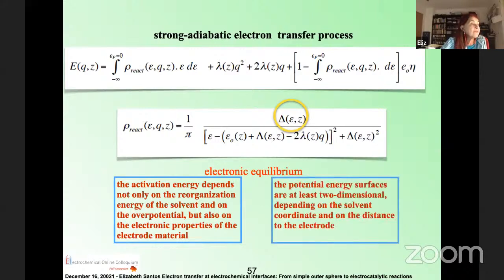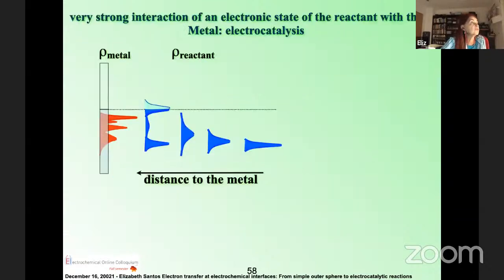And then now, instead of having these two-dimensional potential energy curves, we have potential energy surfaces that are at least two-dimensional. And then we can define at least these two coordinates, the solvent coordinate and the distance to the electrode, because the interaction changes when the reactant approaches the electrode.